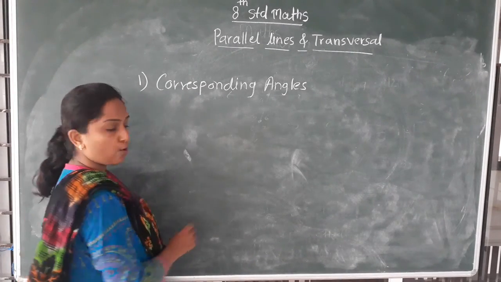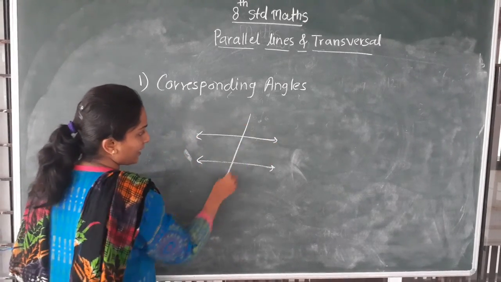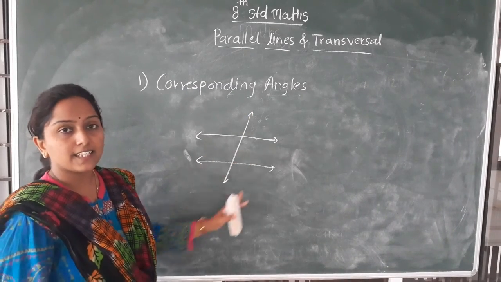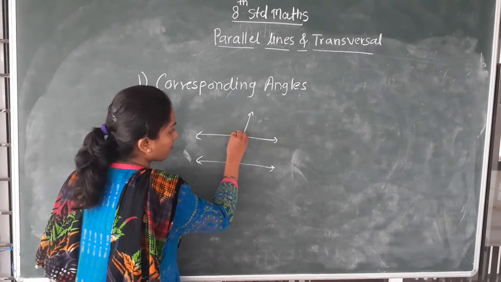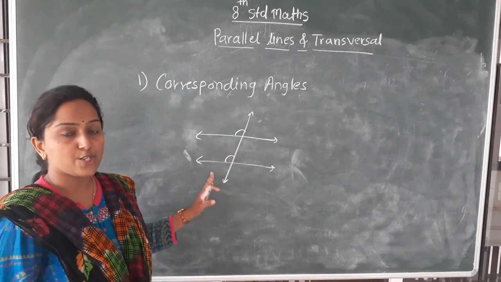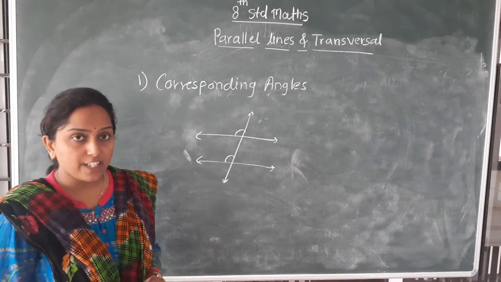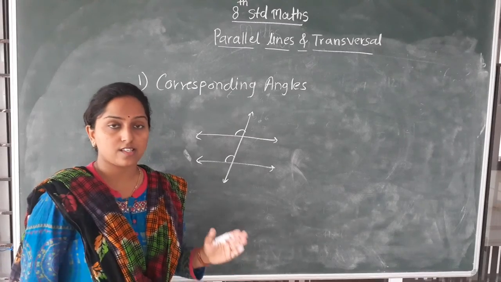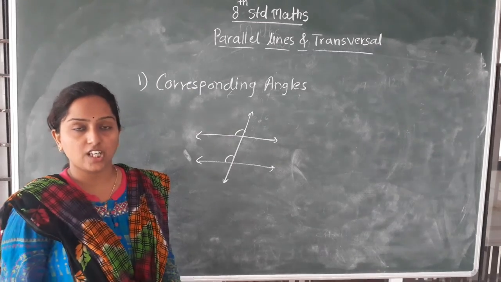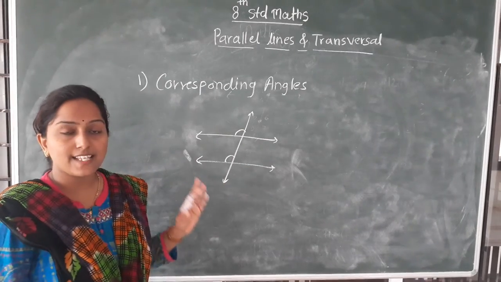So, what is meant by corresponding angles? Suppose these two are the lines and this is the transversal. Now, which are the corresponding angles in this diagram? This angle and this angle is the first pair of corresponding angles, because the definition is that the angles which are on the same side of the transversal and whose arms are in the same direction are called corresponding angles.